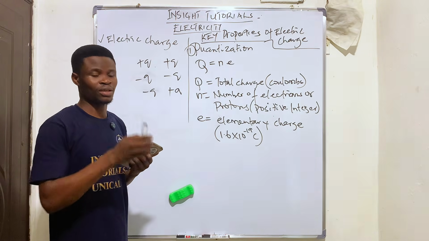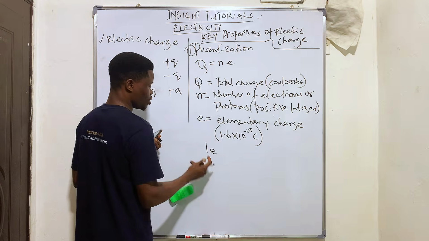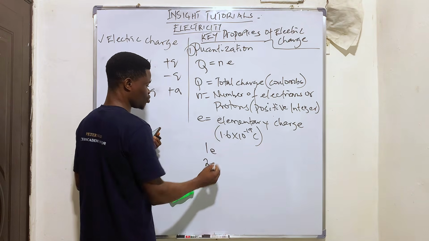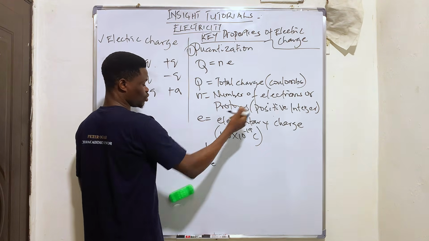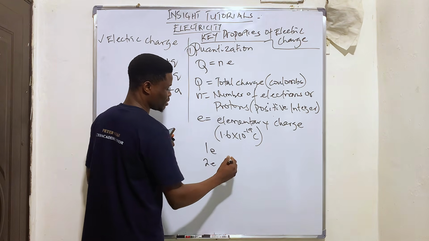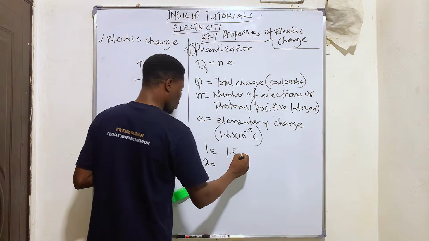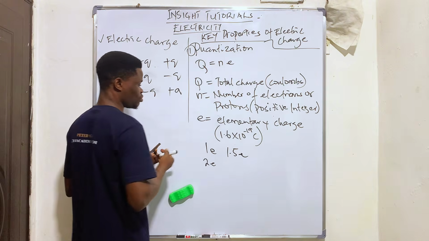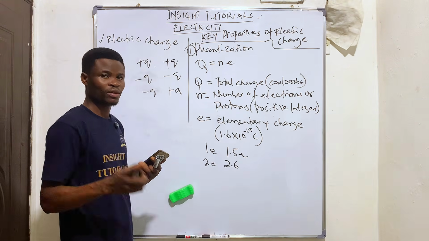That means you either say it is one electron, where N means the number of electrons, or you say it is 2 electrons. We cannot have electric charge as 1.5 or 2.6. It has to be a fixed whole number.